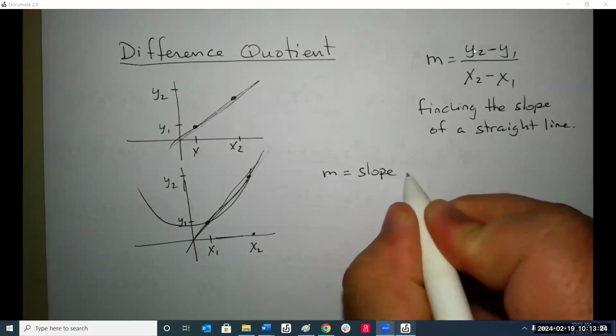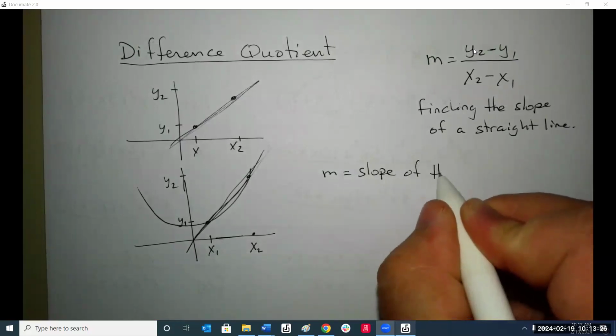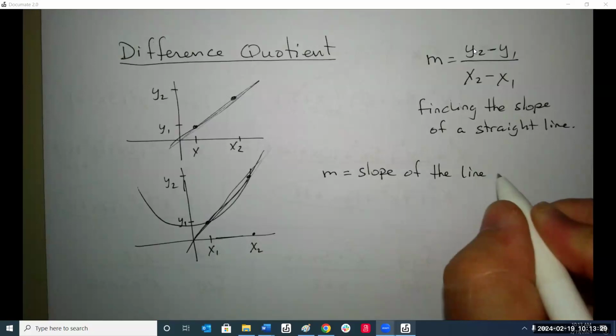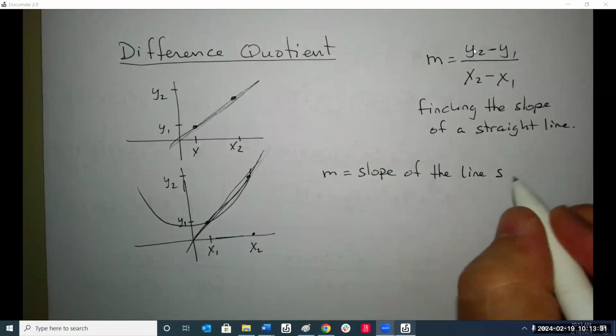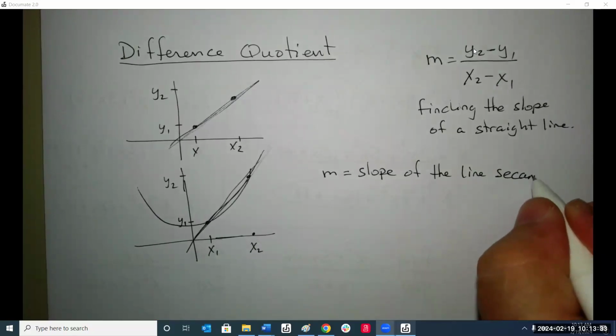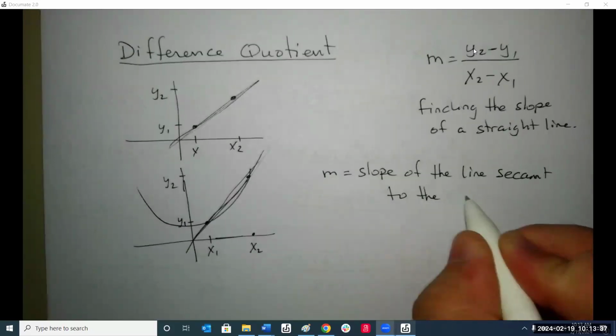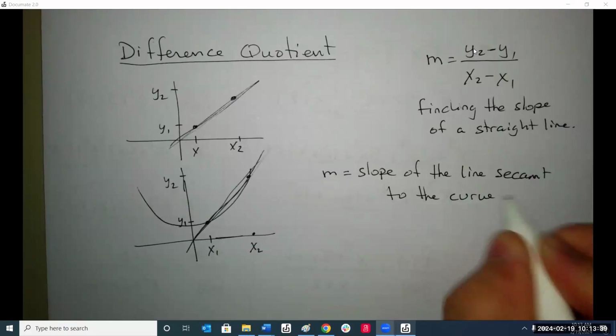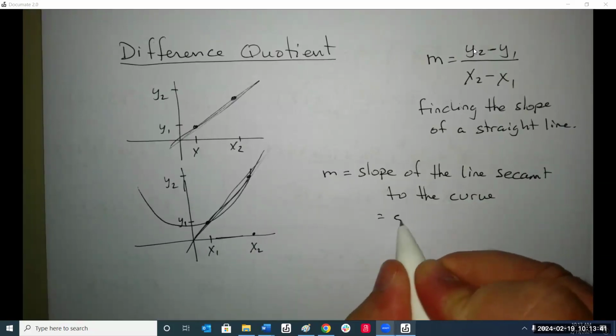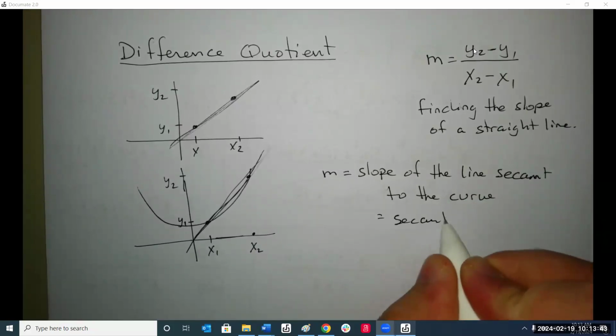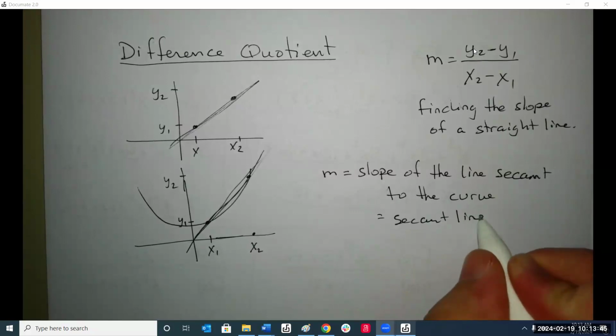The slope of the line secant to the curve. Or we say the secant line.